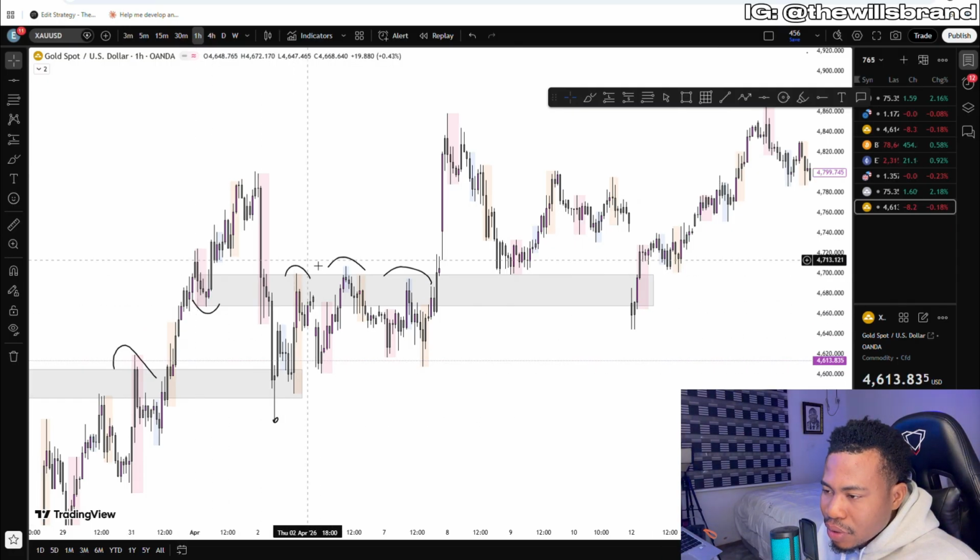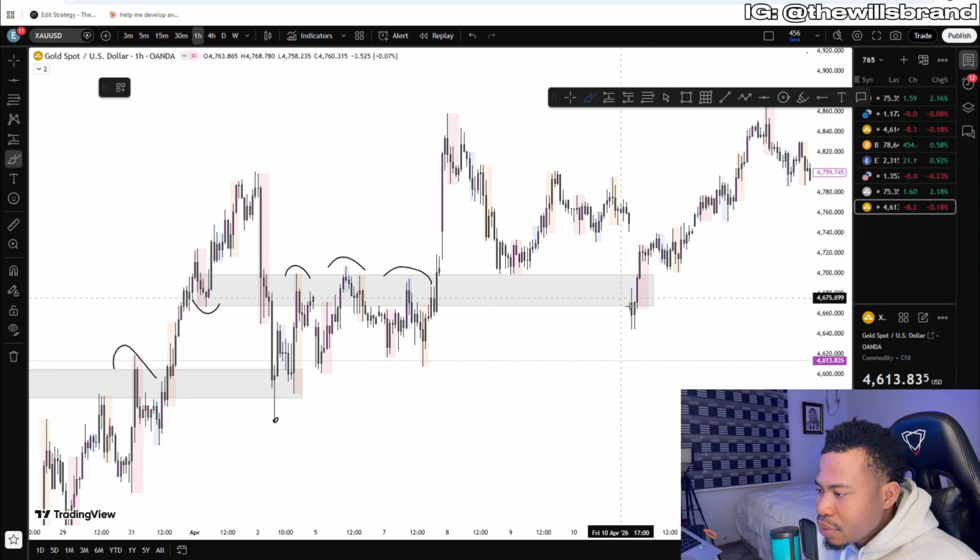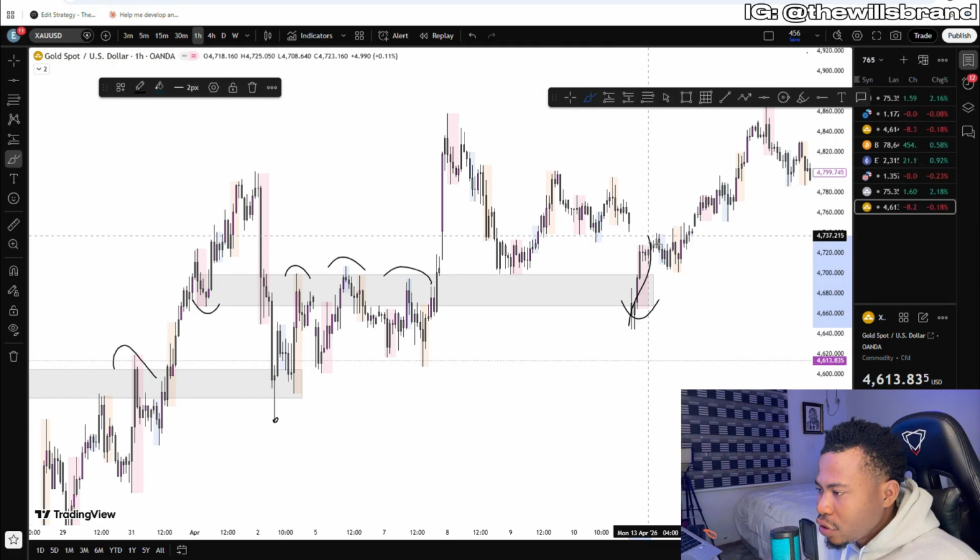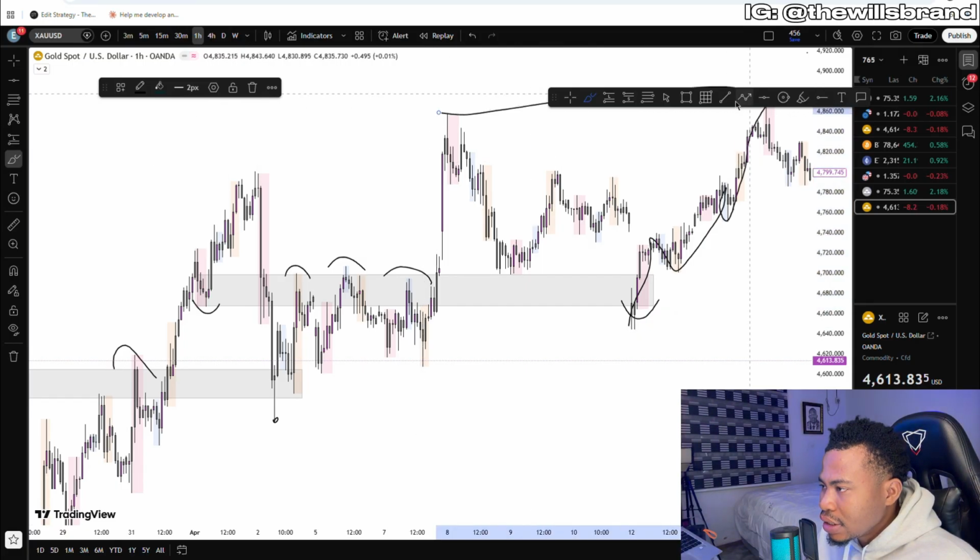Here we supported price, here we resisted, and finally price came back to that zone again. You can see how we respected it. Price made a very huge impulse, then we corrected, another impulse, correction, another impulse again. See, we finally took out this high.